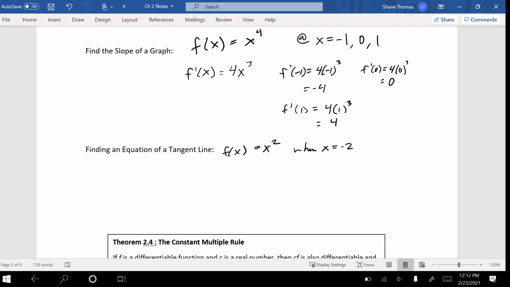So in the last problem, what we did was we just found the derivative, plugged the number in, gave us the slope. All right, so we're just going to go a little farther. First off, two things you need to write an equation of a line. You need a slope, which we can find easily, and we need a point. Agreed? All right, so let's go ahead and find the slope real quick. We just did that. So I'm going to have f prime of x. What's the derivative of x squared?